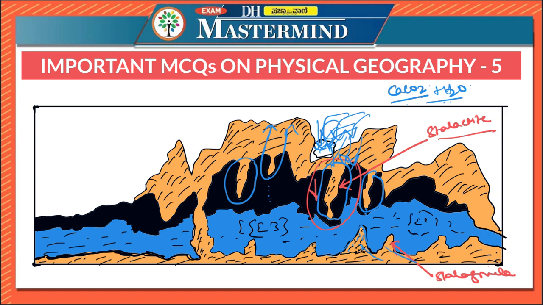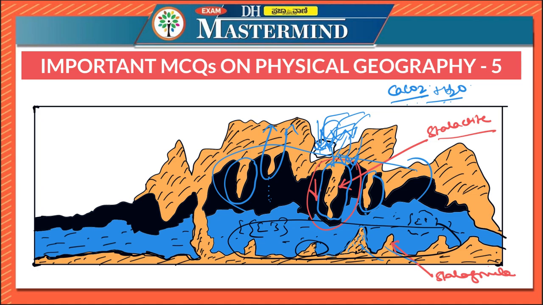As the picture itself says, in comparison to the stalactites, stalagmites are usually shorter. They are also fatter and more rounded. So stalagmites are shorter, fatter, and more rounded when compared with the stalactites.